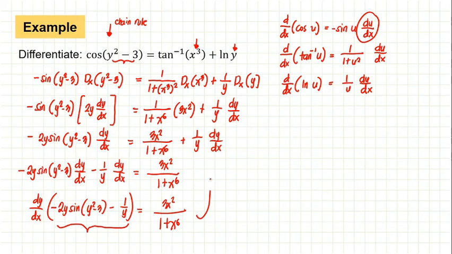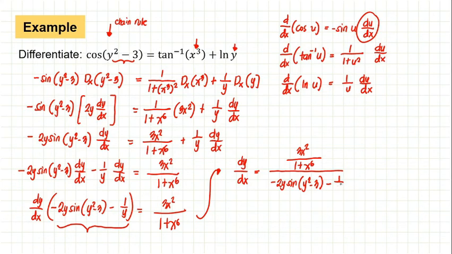So we will have dy over dx equal to 3x squared all over 1 plus x to the power of 6, then all over negative 2y sine of y squared minus 3 minus 1 over y. And you can have this one as your final answer.